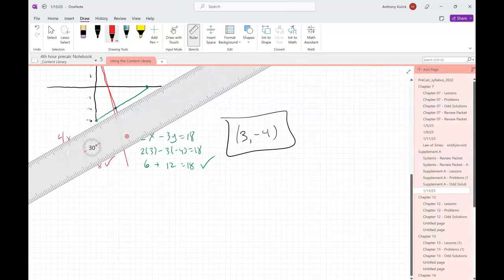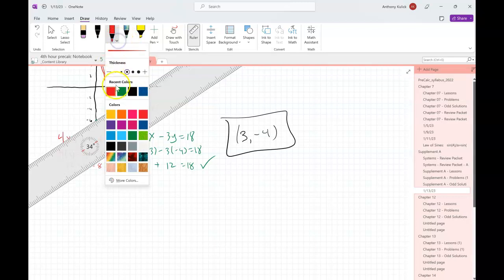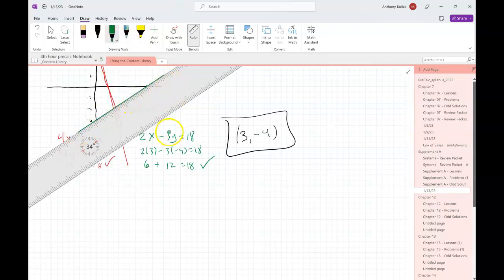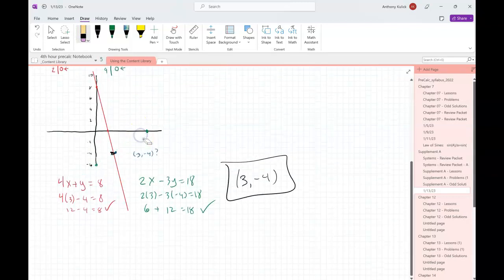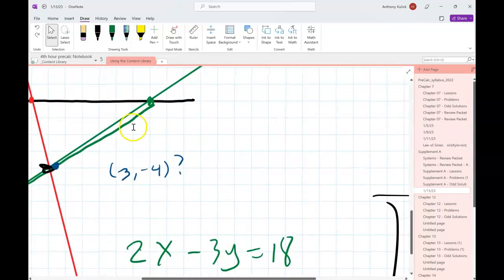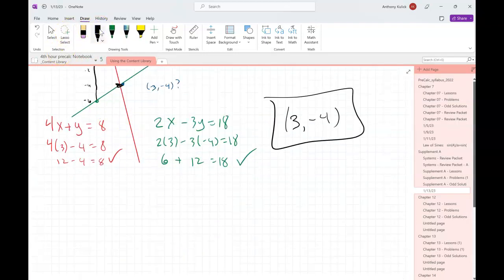OneNote's a wonderful thing, isn't it? Got some OneNote haters in the room. Okay. And look at that. Pretty dead on accurate there at 3, -4, right? It's a little better. I knew there was a way to do that. I forgot where that was at. Oops. There we go. All right.